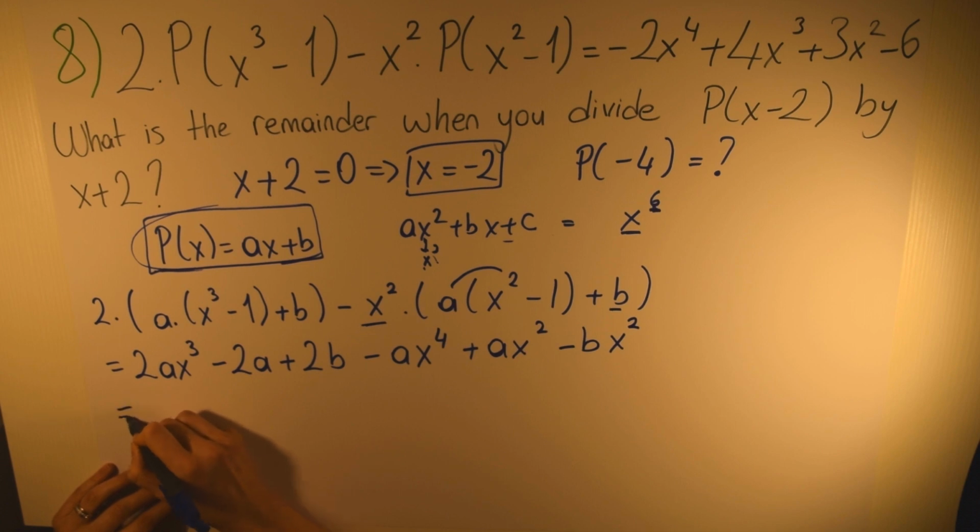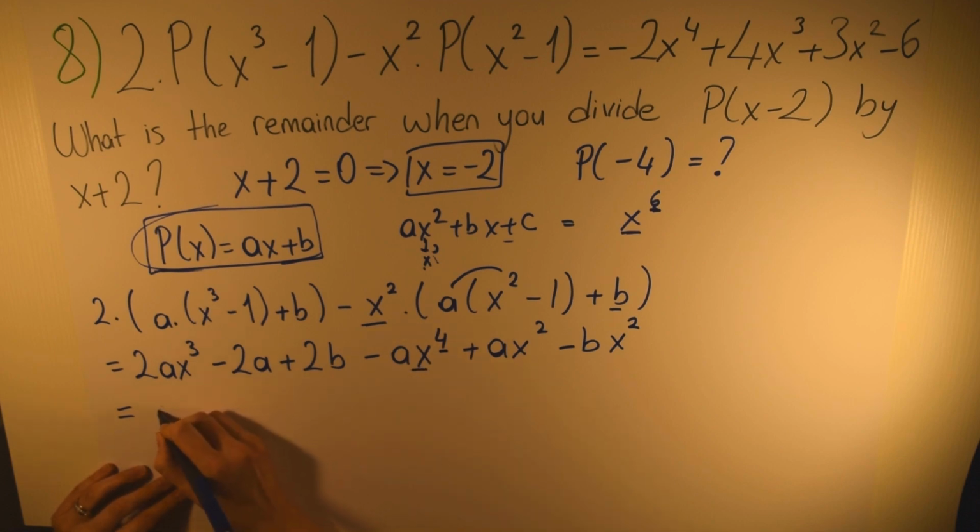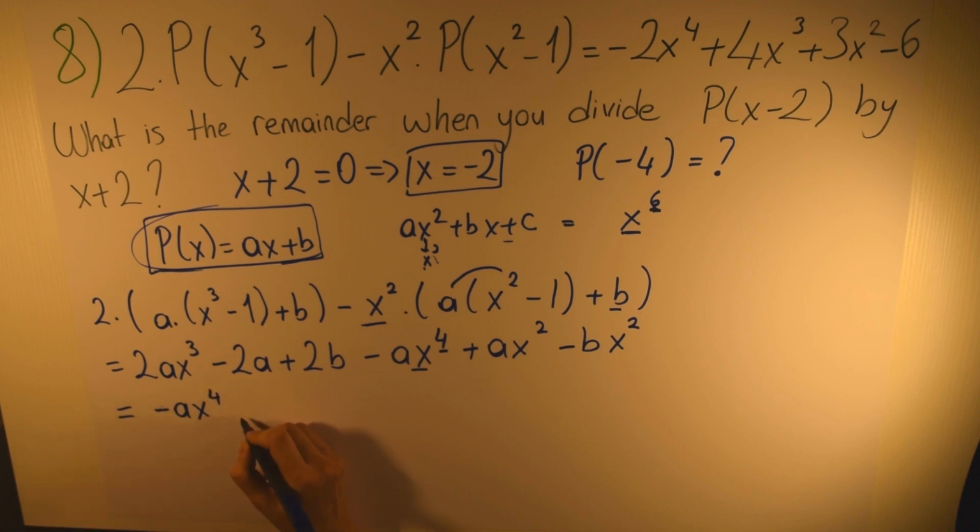And after that, let's put the same terms together. As the exponent 4, we only have this one, so we write down minus a x to the power of 4. And after that, at exponent 3, we have 2a x to the power of 3. We don't have any others.